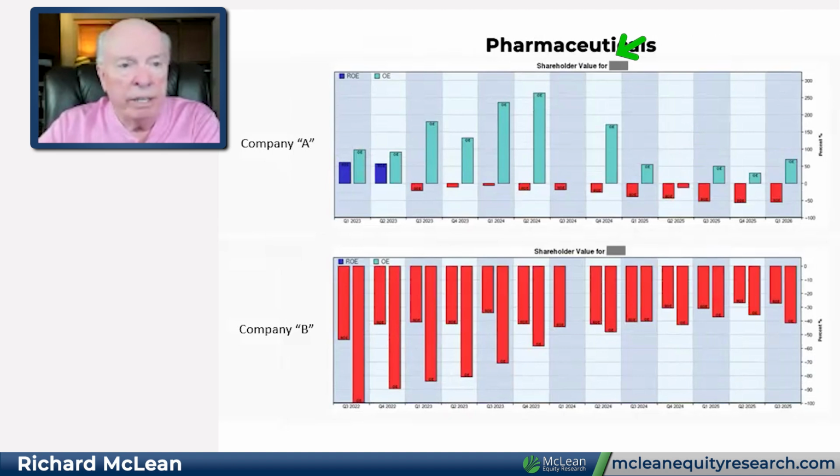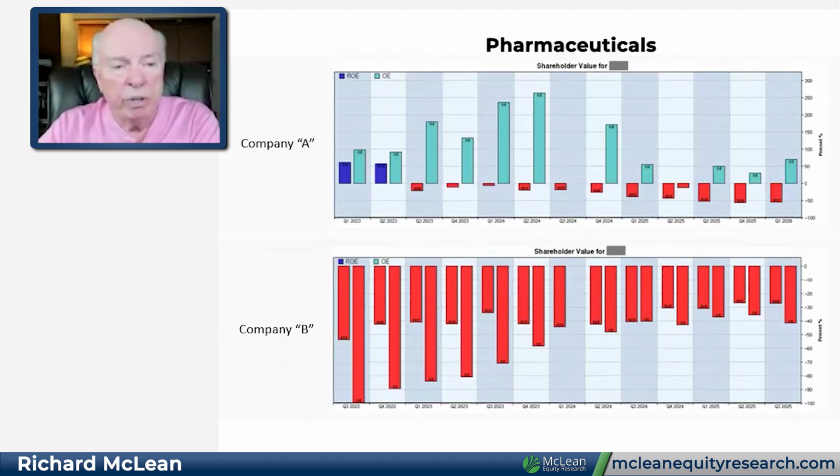In pharma here, company A has great owner's earnings, and notice that there's a negative return on equity here, and the stock is outperforming the S&P. Now, company B, again, is almost like a zombie company.